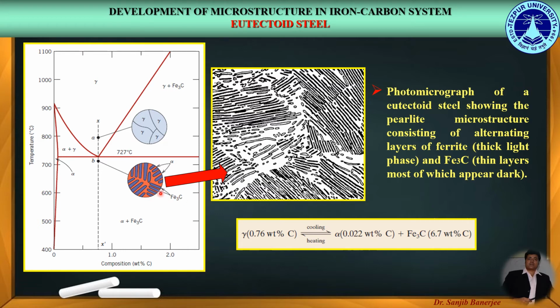The microstructure at point B is represented by this photomicrograph. Here we can see the photomicrograph of a eutectoid steel showing the pearlite microstructure consisting of alternating layers of ferrite, which are the thick light phase, and the cementite or Fe3C, which are the thin layers, most of which appear dark.